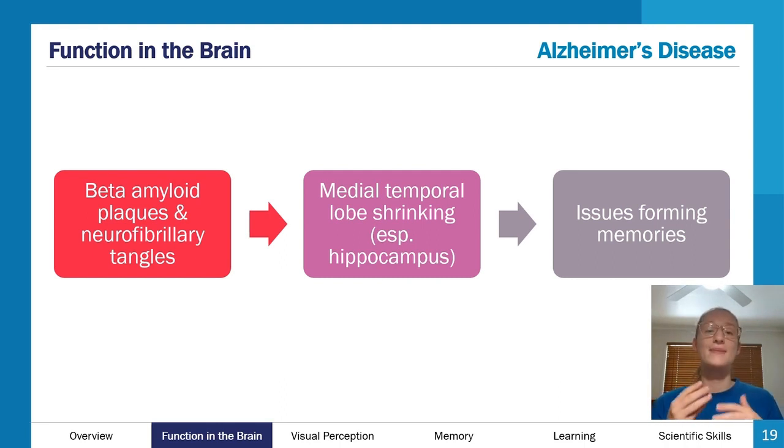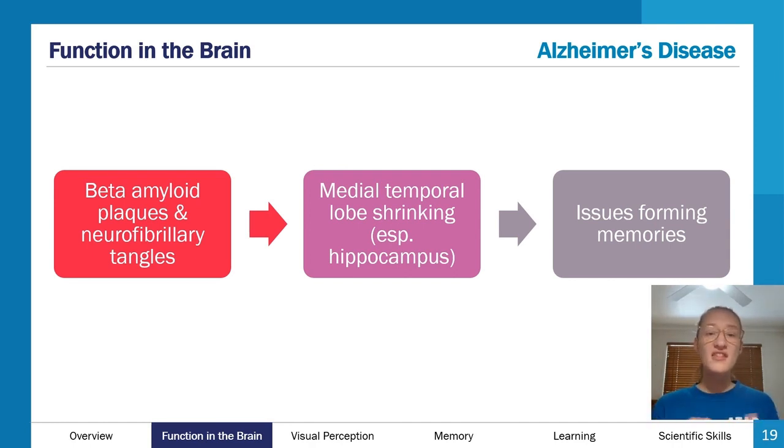So you can see how these plaques are causing that lack of acetylcholine, all leading to the idea that we have less acetylcholine because it's being broken down more. This lack of acetylcholine is responsible for learning and memory, which is how we get these symptoms.